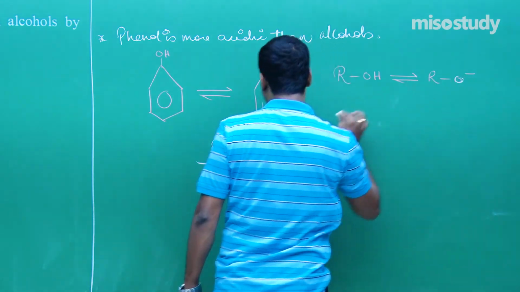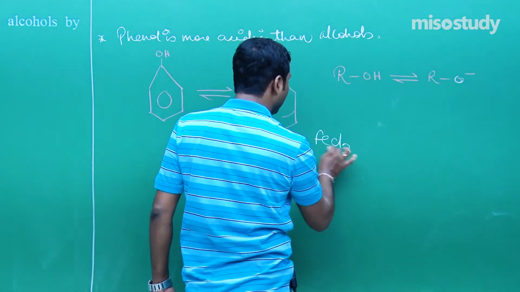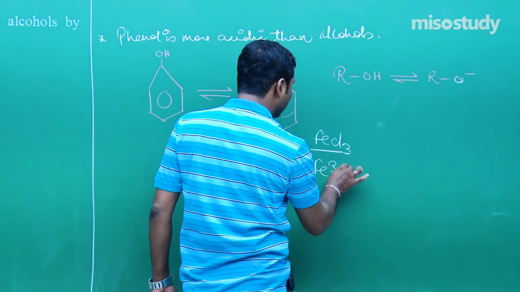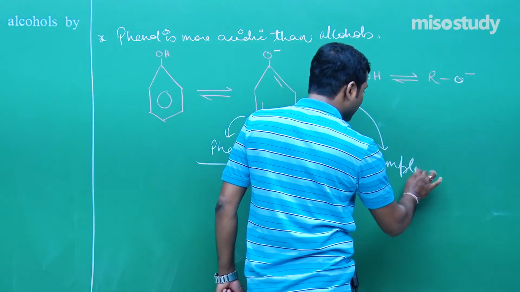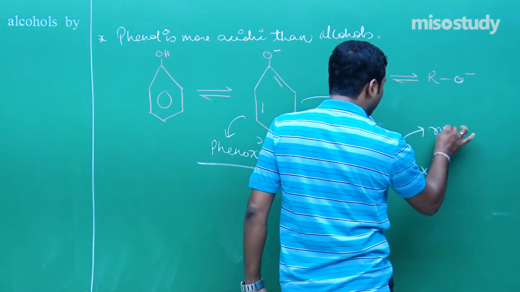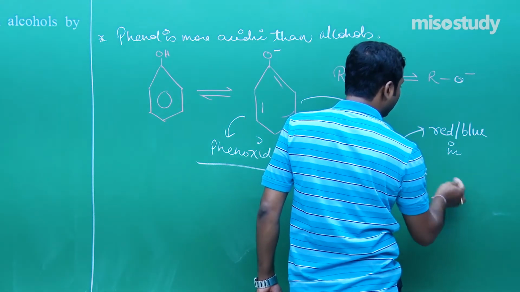Now when this comes in contact with FeCl3, that is Fe3 plus ion, they form a complex, which is generally red or blue in color.